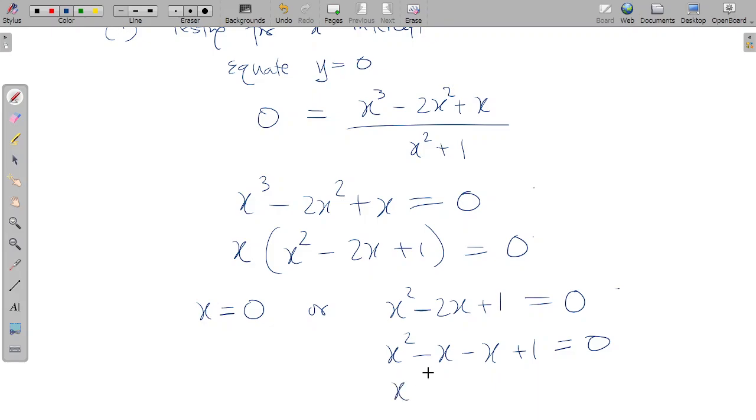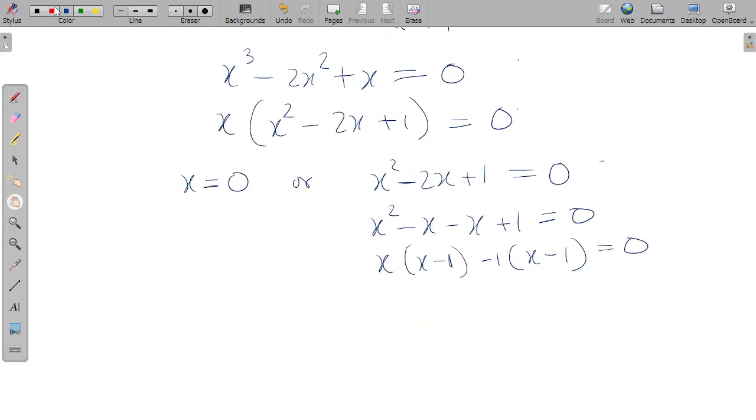So we have x into x minus 1, and then we have minus 1 into x minus 1 equals 0. Then we are going to be having x minus 1, another x minus 1 equals 0. Okay, so we have x minus 1 two times, so x equals 1. Okay, x equals 1 two times.